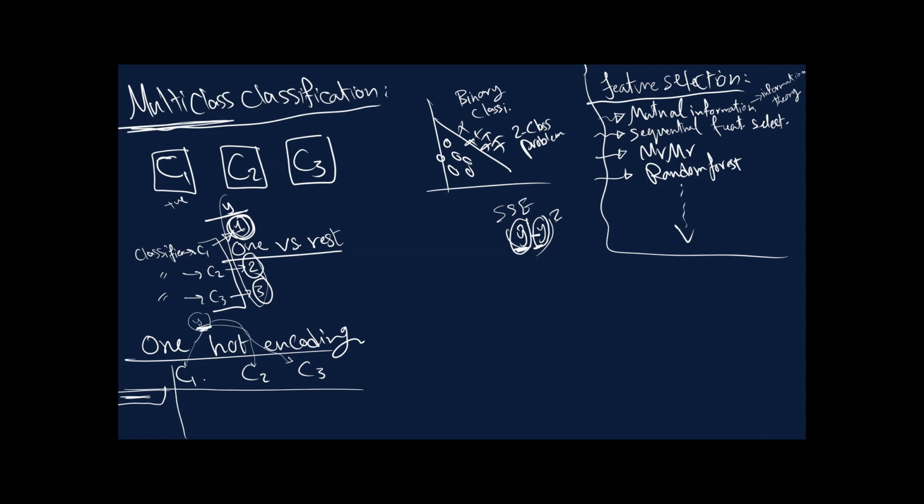So we would have 3 values, one for C1, one for C2, and one for C3. If the true label for this sample is C1, we will put 1 here, and we'll put 0 and 0 there. And if the true label of the second sample is C2, we'll put 1 here and 0 there, and so on. If it was C3, it will be like that.